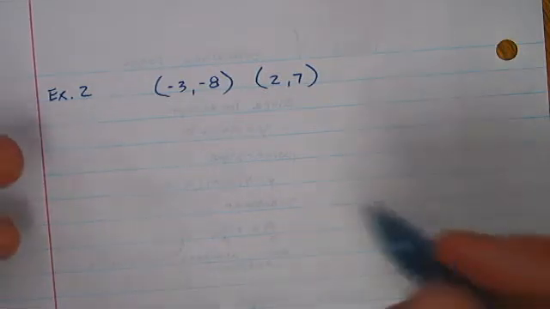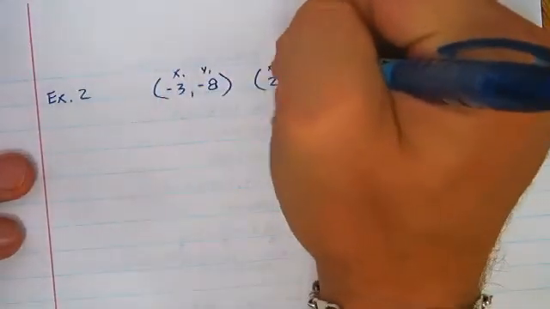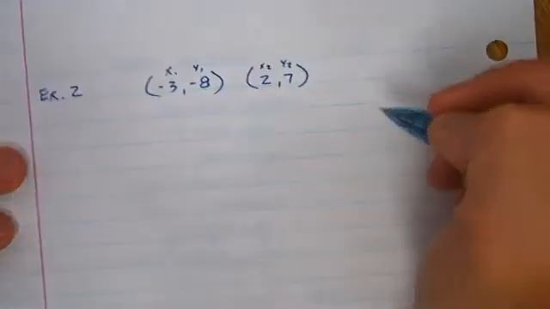Again, we want to follow the process of point slope, slope intercept, standard. Well, we can't enter point slope until we've got our slope, so we're going to have to start there. That's going to be a side job for us. So x1, y1, x2, y2.